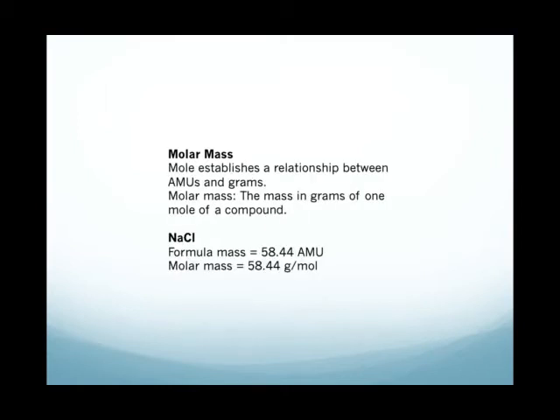So the mole establishes a relationship between atomic mass units and grams. Molar mass is the mass in grams of 1 mole of a compound. For example, the formula mass of sodium chloride is 58.44 AMU, while its molar mass is 58.44 grams per mole.